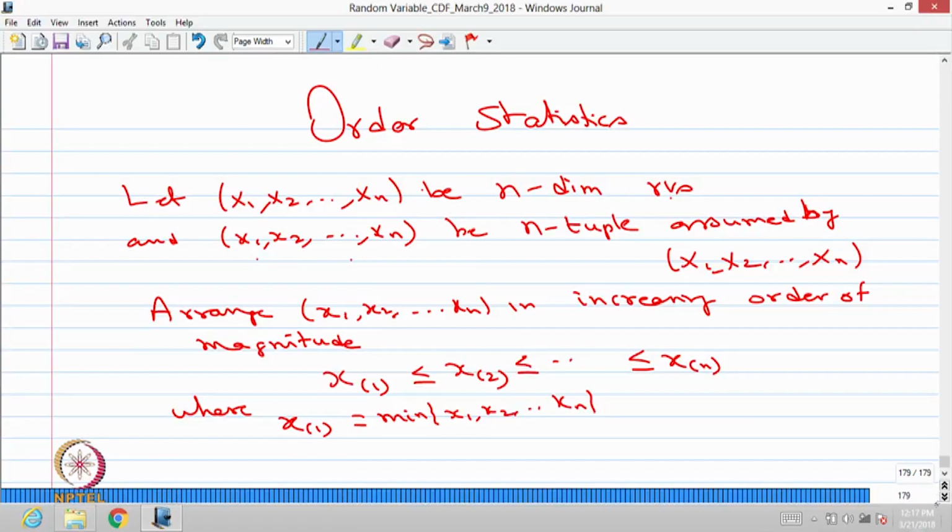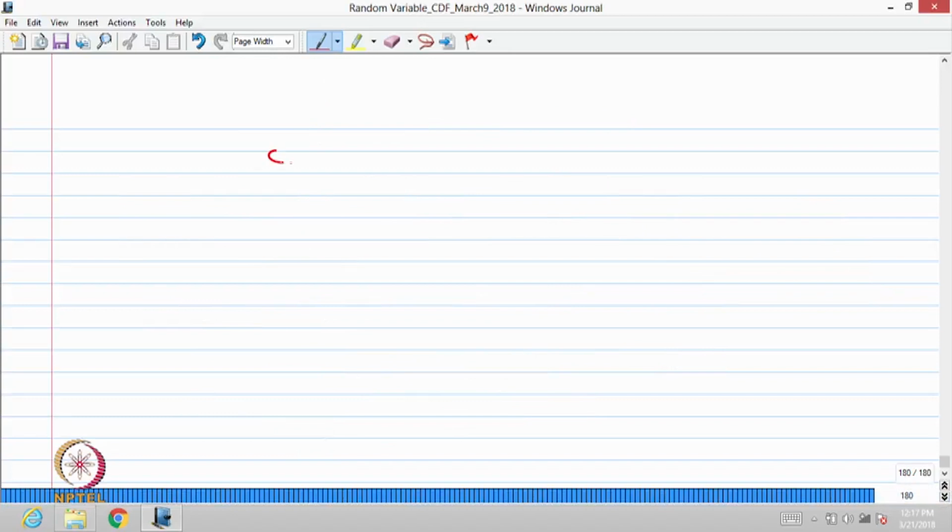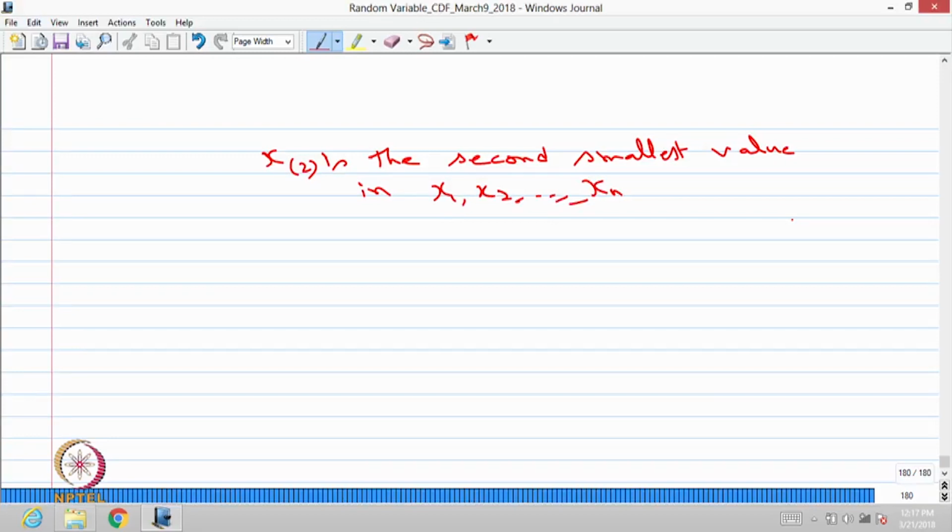Similarly, x bracket 2 is the second smallest value in x1, x2, and so on xn.